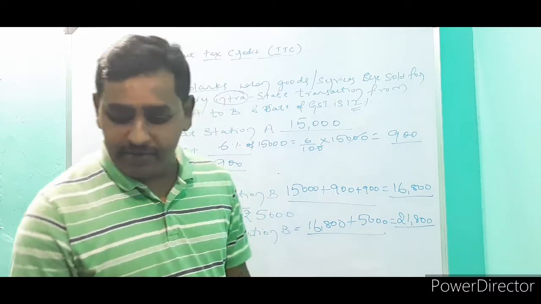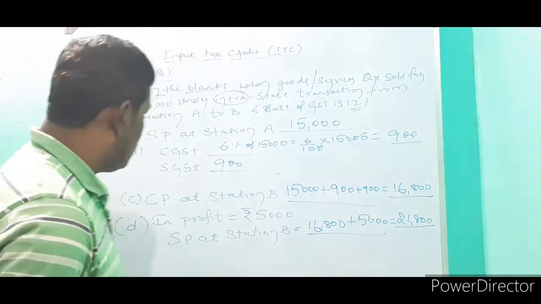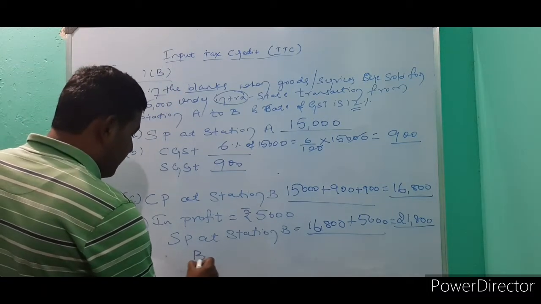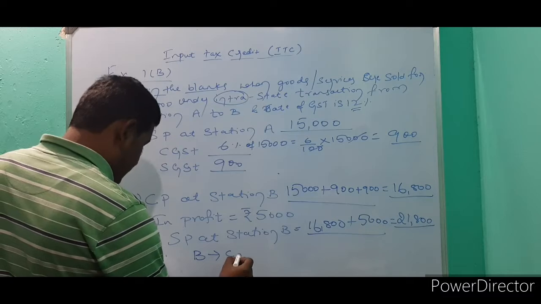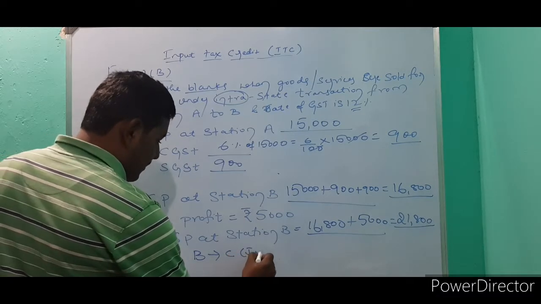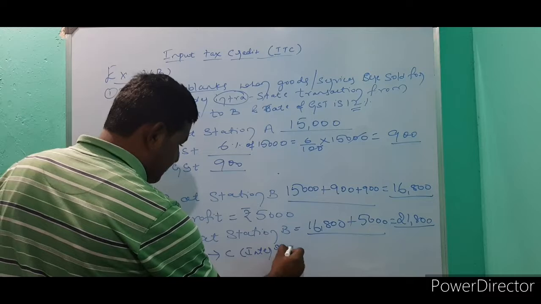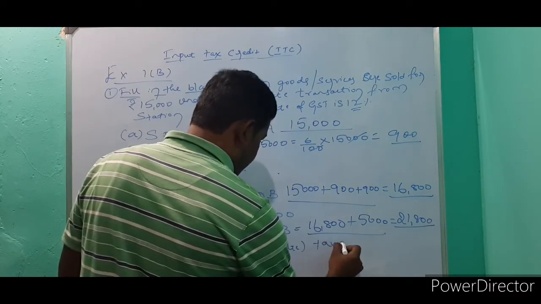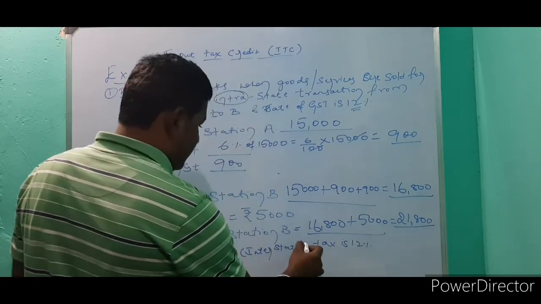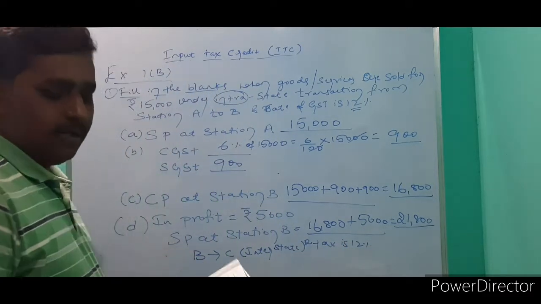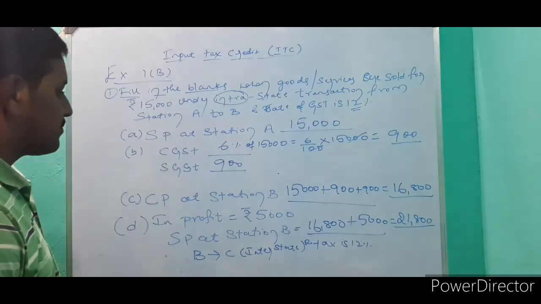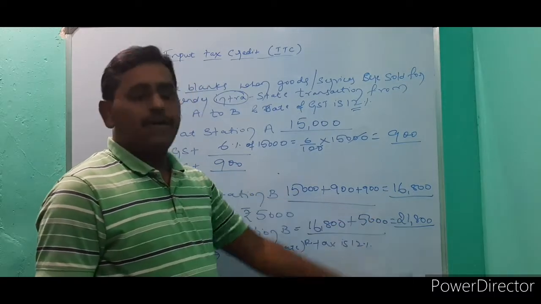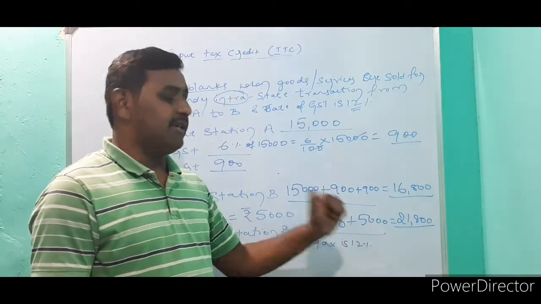After that, what is given in the question? Now goods are sold from B to C, that is interstate, and the rate of tax is 12%. Now we have to find the GST amount. B to C: what is the selling price of B? 21,800 after adding the profit amount.